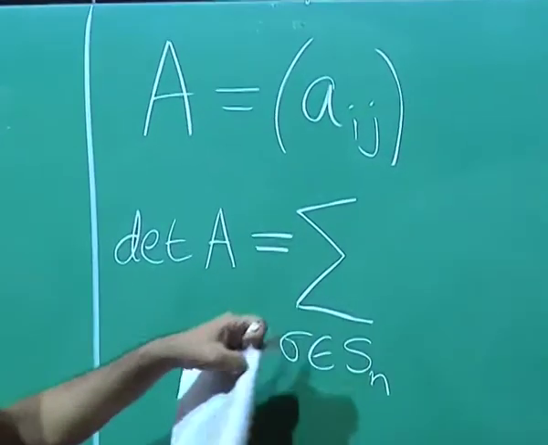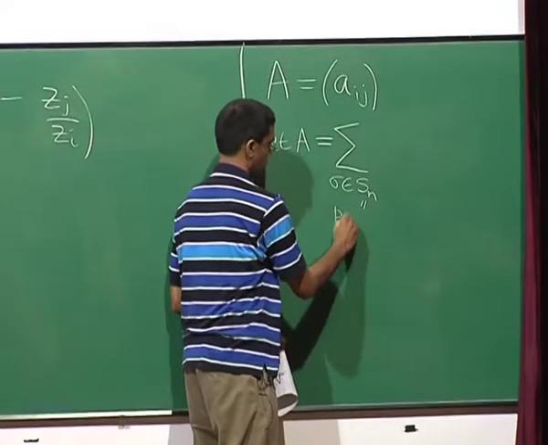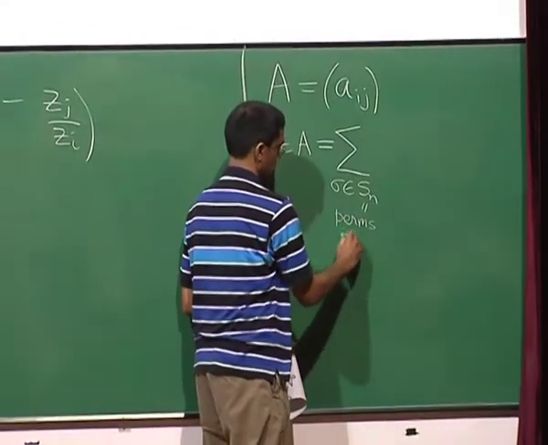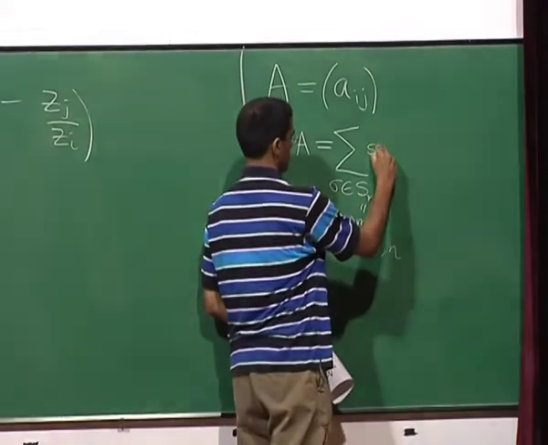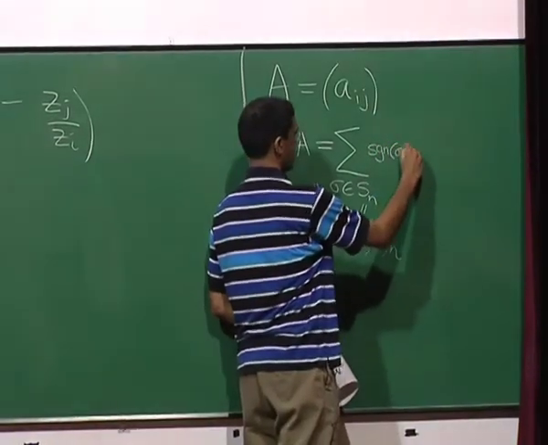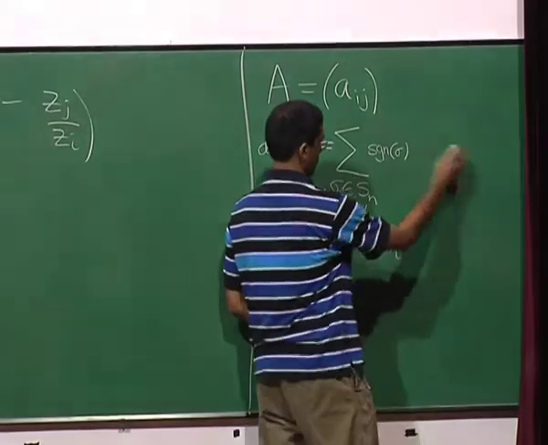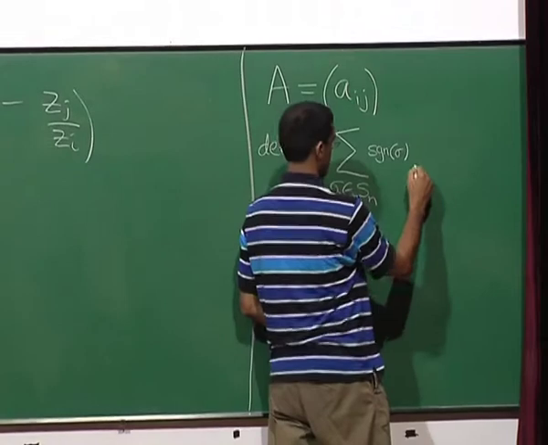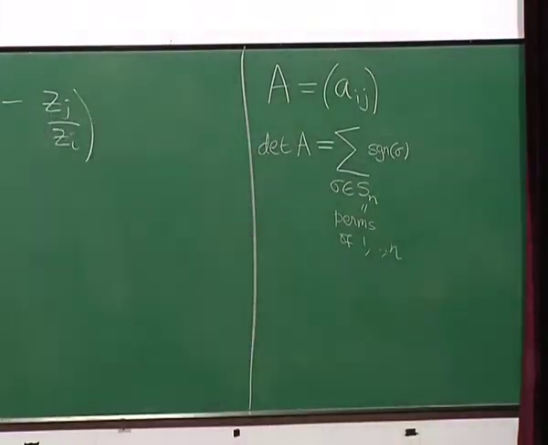The determinant of A is a sum over all permutations, where Sn is permutations of numbers 1 through n, of the sign of the permutation, sign sigma, times what you multiply out here. It's going to be... I'm not sure everyone can see this.